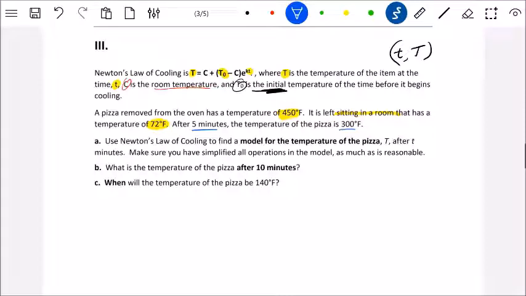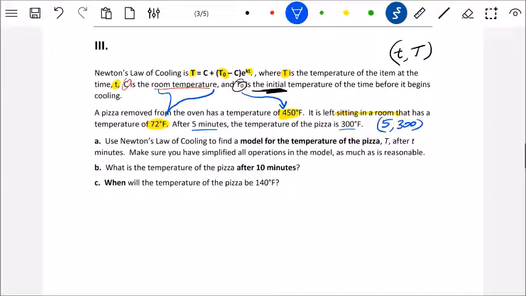So we have an initial amount. Oh, no, that's not what I want to say. The 72 is the room temperature. The initial amount, or the initial temperature, is 450. And then we have that after 5 minutes, it's at 300.